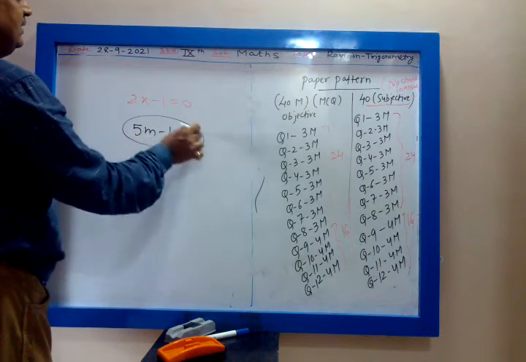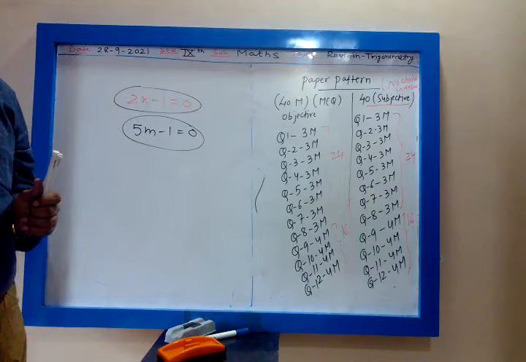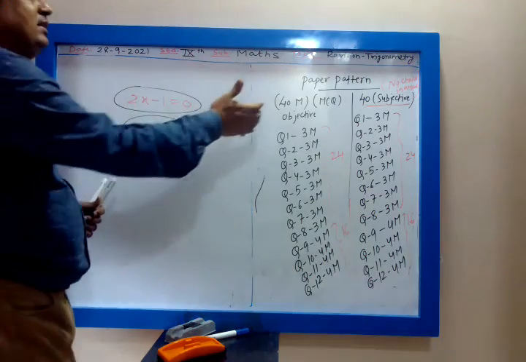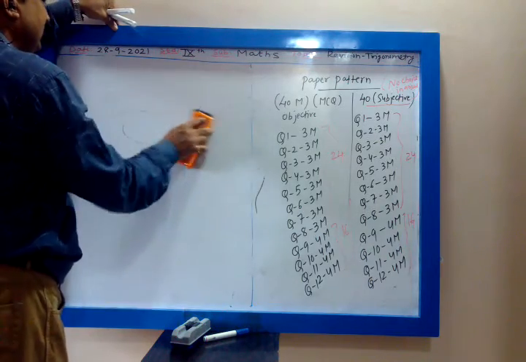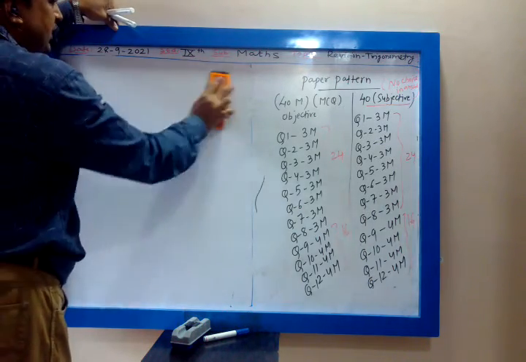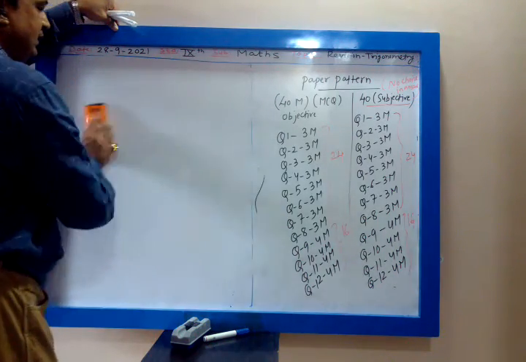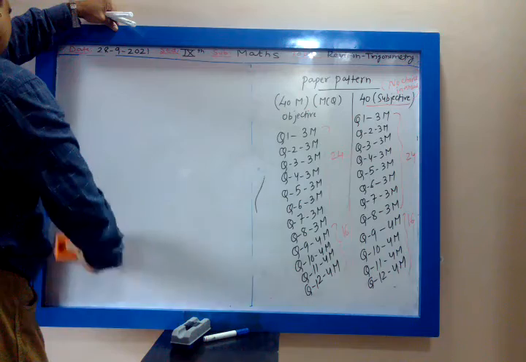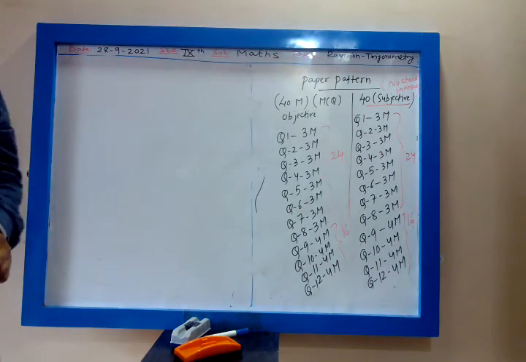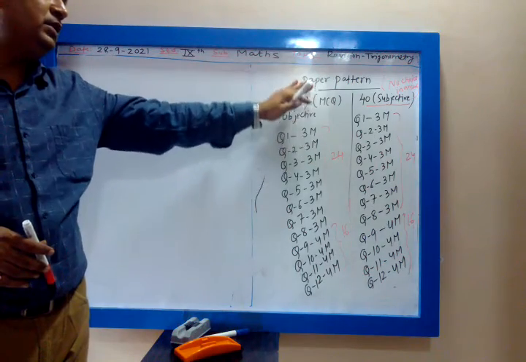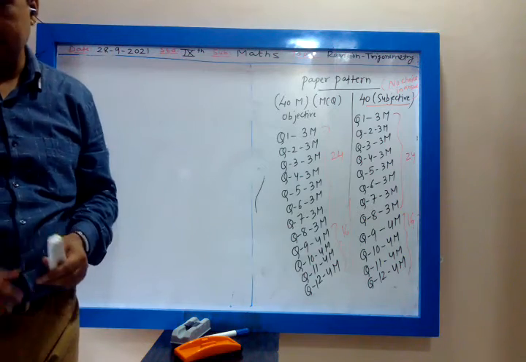So the type will remain the same, my dear. Or it may happen that subjective is different from objective. So portion is the same. Whether a question of objective will be repeated in subjective, that is confidential. But type will remain the same. Whatever you study for objective, the same portion we have kept for subjective.